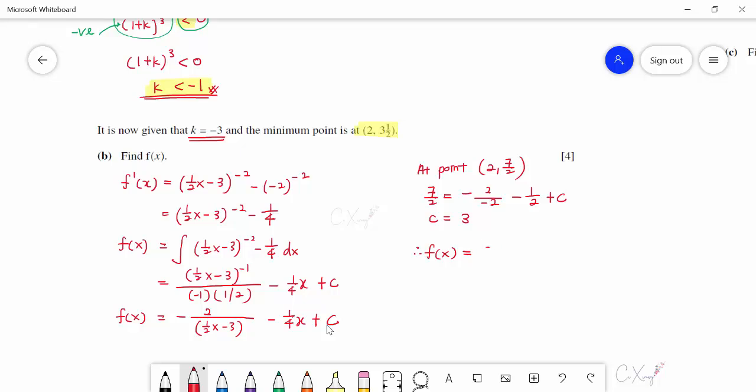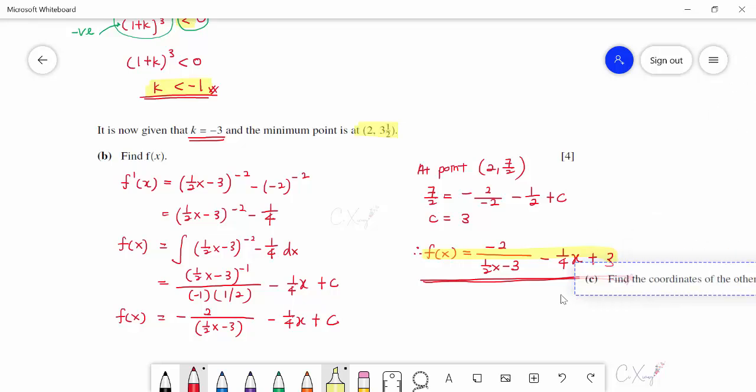It will be negative 2 over half x minus 3, then minus 1 over 4x plus 3. So this is my complete function, with the value of c equals 3. So this is what we have for part B.